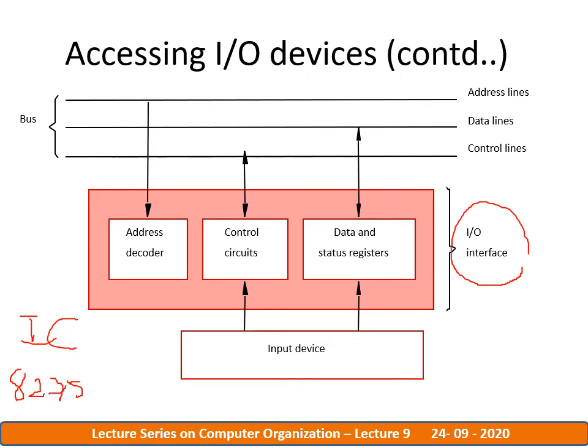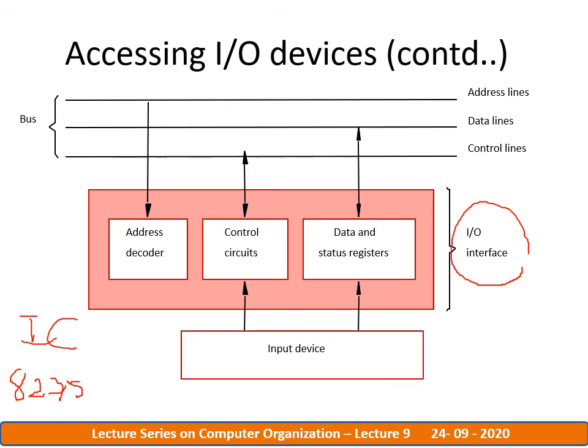Then the status register contains flags to indicate conditions like a buffer is full or a buffer is empty. So whenever the communication starts, the data will be sent to the devices. How can the data be transferred from one device to another device?